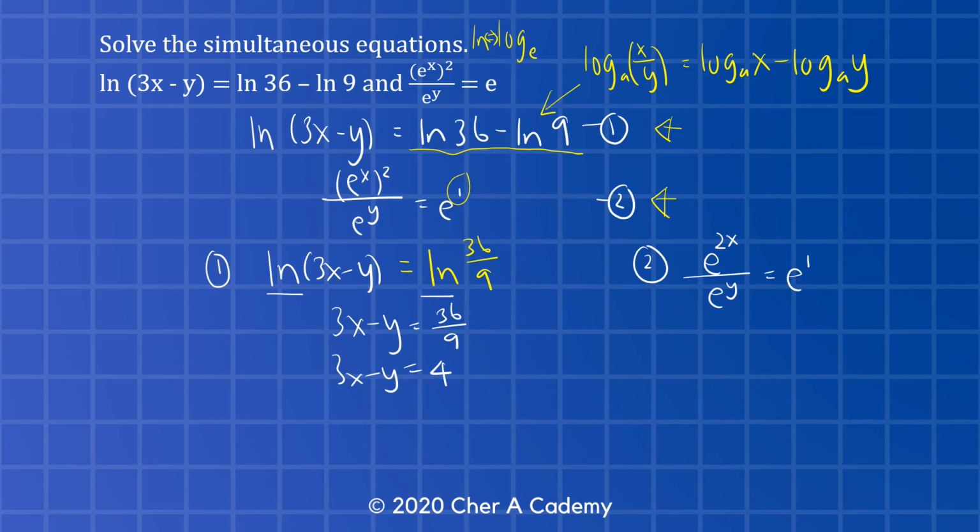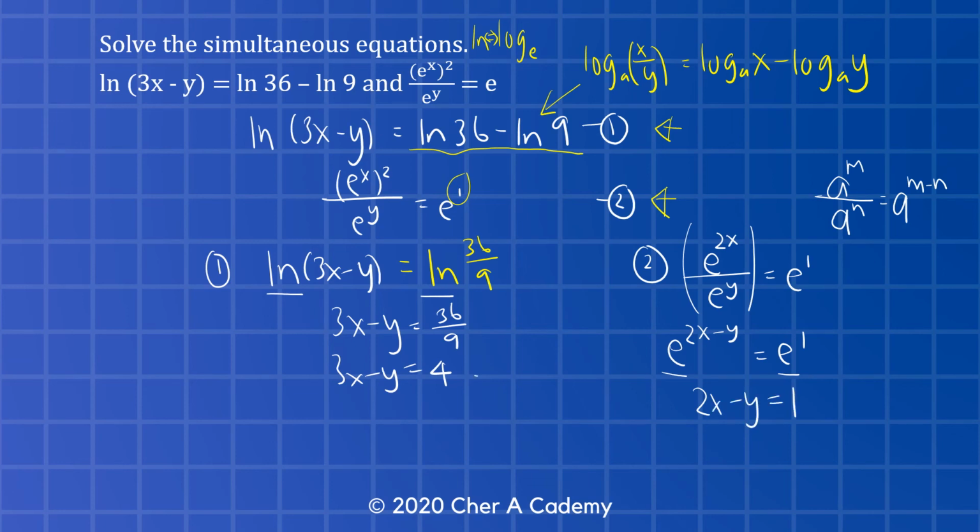If I have a^m over a^n, it is the same as a^(m minus n) in the index. So this is e^(2x minus y). In a quotient, I minus the powers, or I minus the indexes, equals e^1.